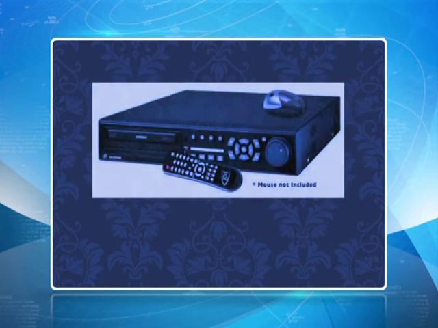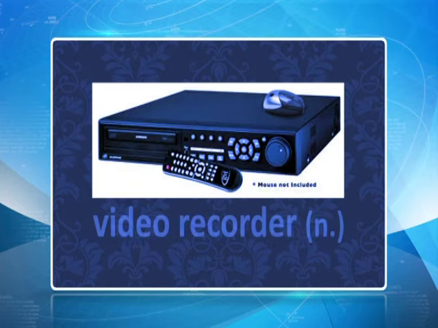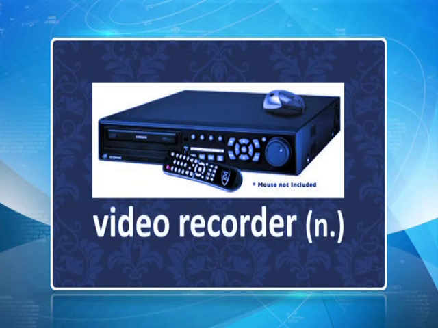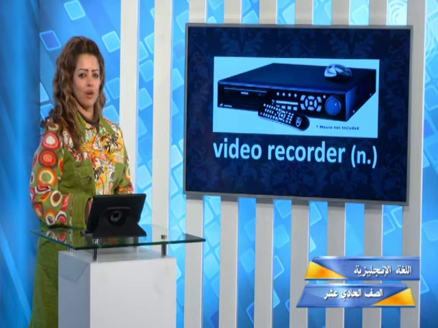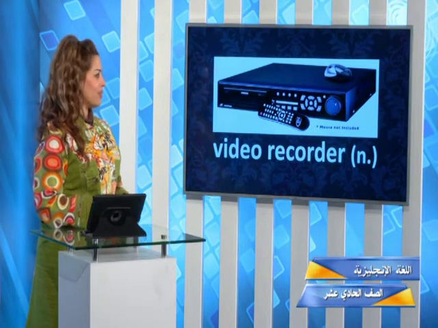Our next word is, what do you think this is? It's a video or tape recorder, right? It's a video recorder. It's a noun. Let's repeat the word together. Video recorder. What does it do? Or what is it?